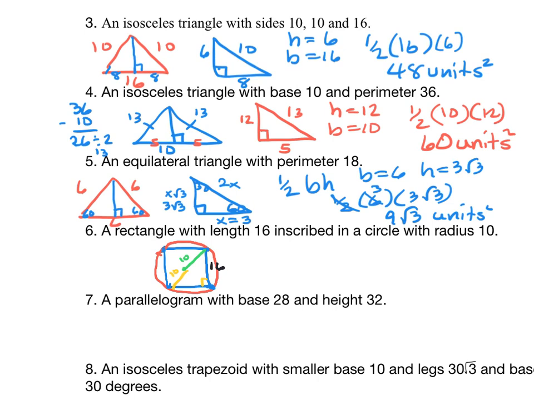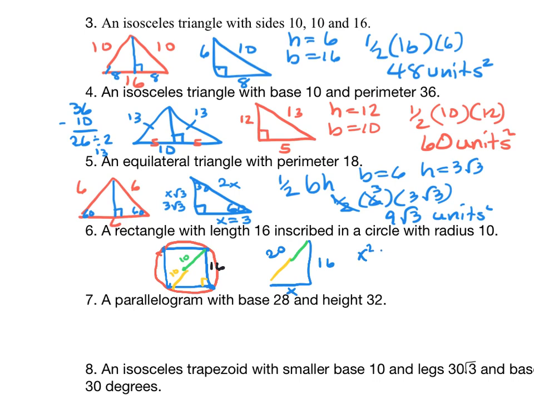I could pull this out. So this is 16, this is going to be 20, and I need to find this side. So this x is actually going to be the width.